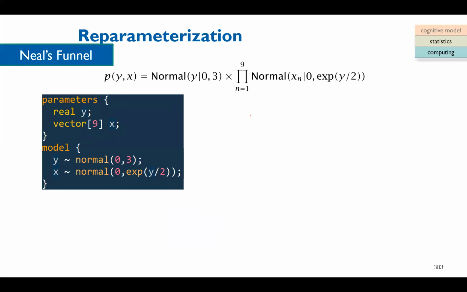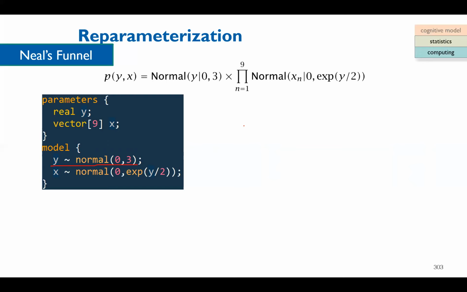Yeah, good. And now the next question is, if you are curious about reparameterization, it is great, and we have the Neal's funnel example. So how can we reparameterize the Neal's funnel example? Okay, so how to do that? The original one is like this: y is normal 0, 3.